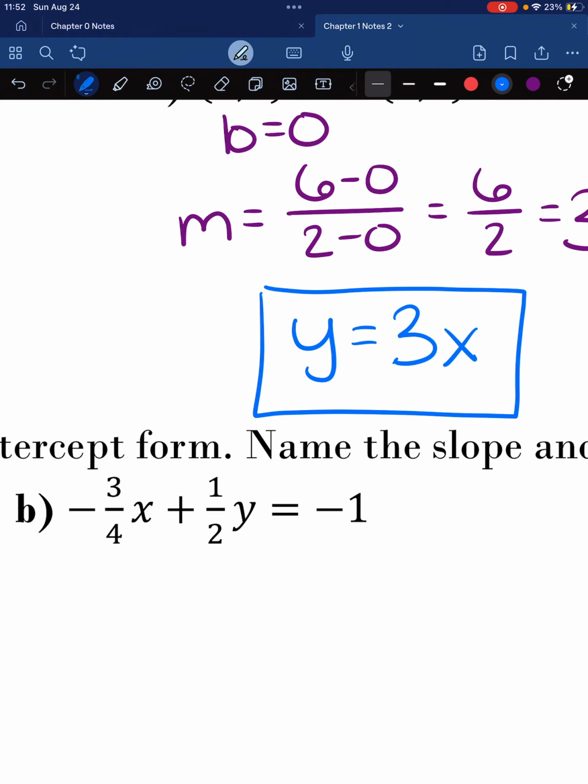So looking at B, I can see two denominators, and the smallest multiple is going to be 4, right? 4 would be my least common denominator there. So if I multiply everything times 4, we've practiced this before. Here, let me actually change this to purple.